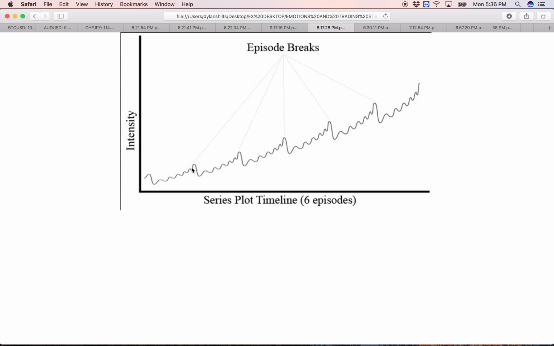We have the micro within the macro, and you could see this as the market basically consolidating and then ending up where it started at Asian session, from the beginning of Asian session to the end of Asian session.